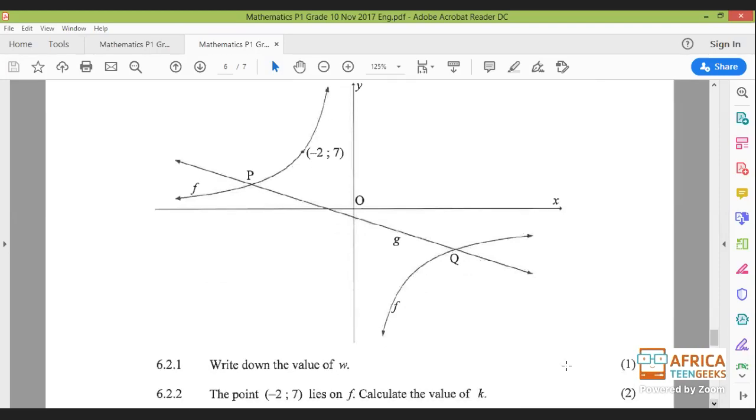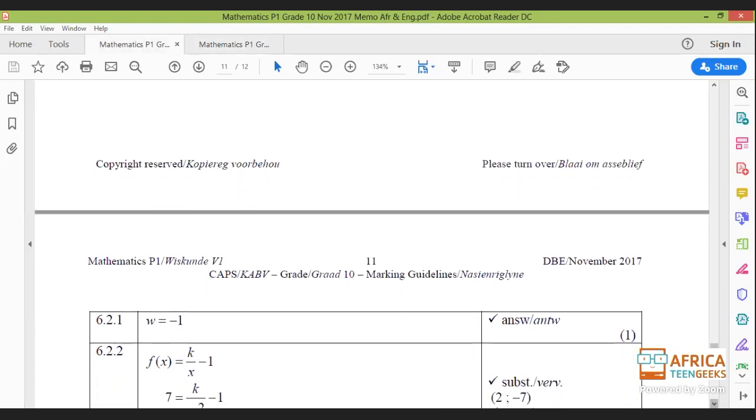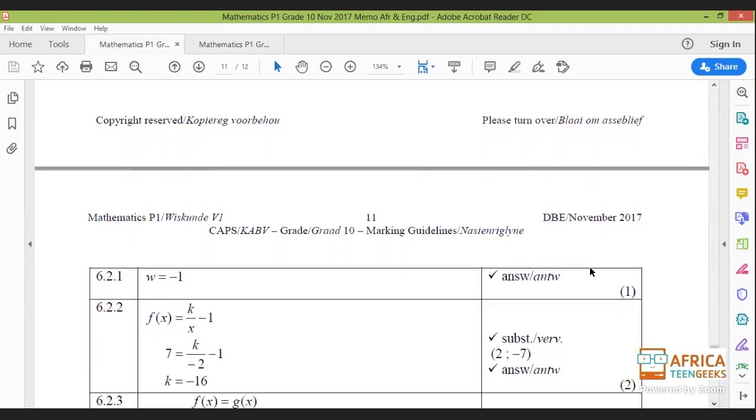This is what you need to do at this point. We know that k equals -16 because f of x equals k over x plus w. So we substitute x and y by -2 and 7, then you solve for k. k is equal to -16.